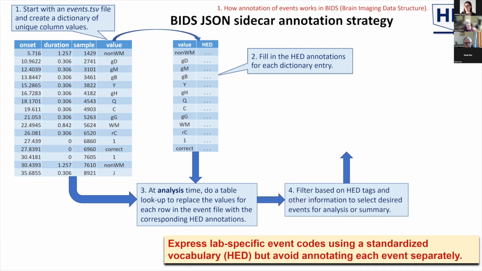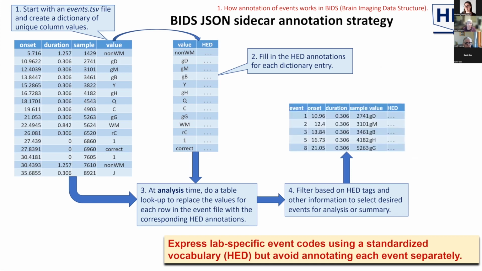So then at analysis time, you can filter on HED tags and select tags for epoching data for ERP analysis if you're doing EEG. You can create factor vectors for doing the SPM analysis that is typical in fMRI, but you do it based on tags rather than on writing code.